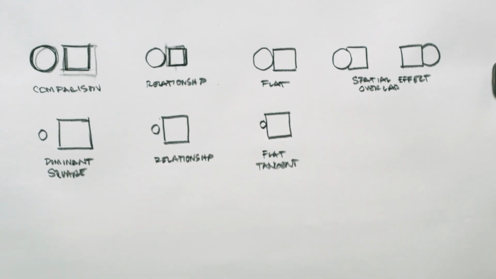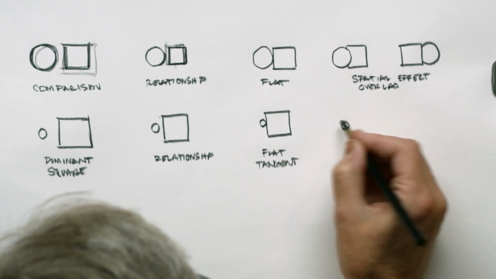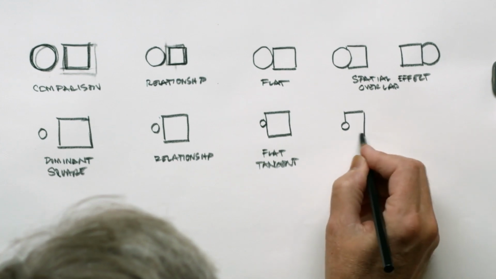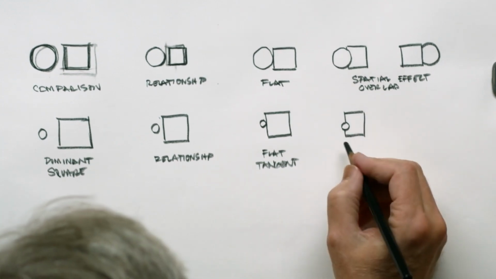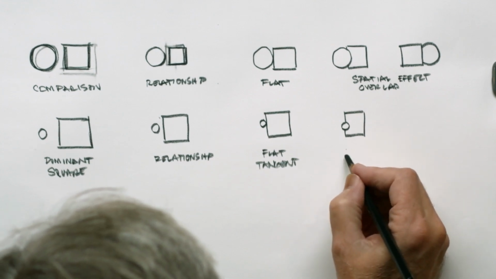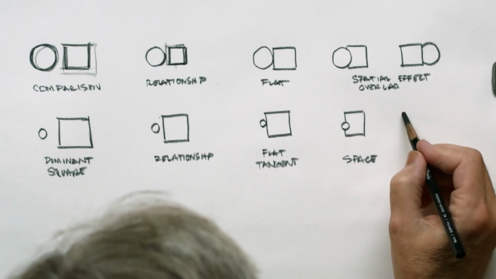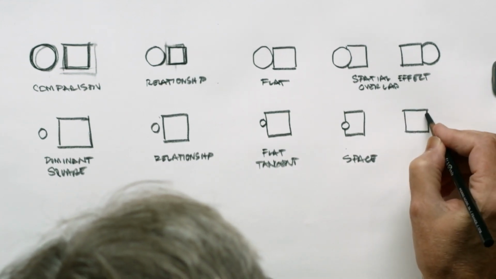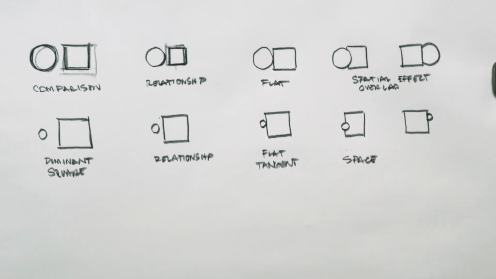Okay, so it goes flat. Then I get a spatial difference if I'm going to do the same thing, and I put this small circle overlapping the square. And then what I'm going to do is I'll do the square and the circle behind the square.